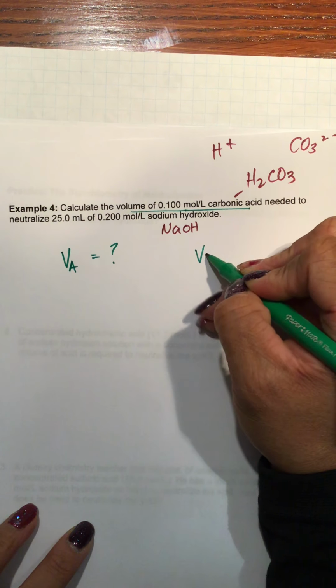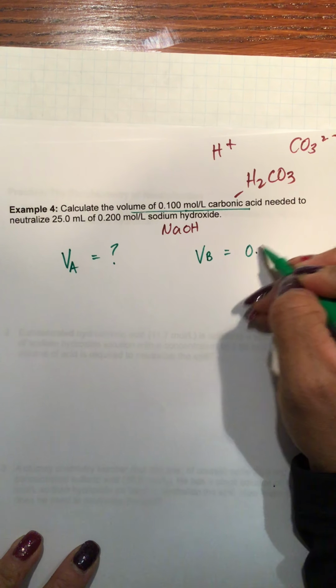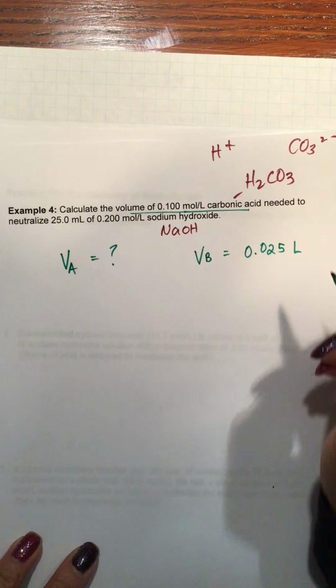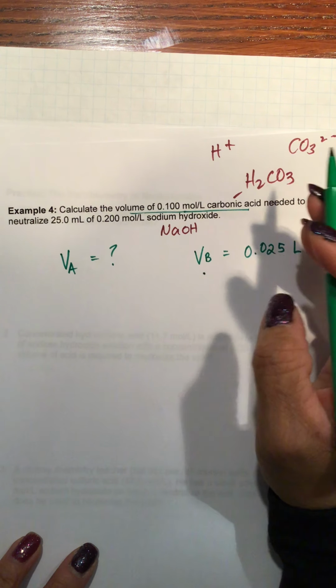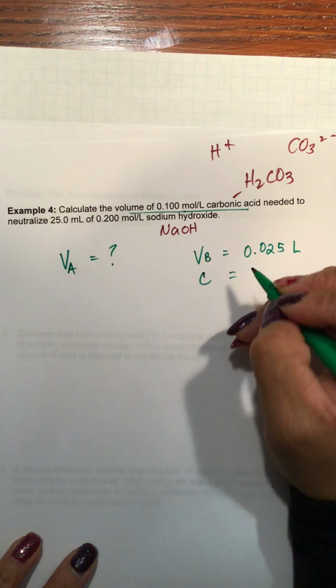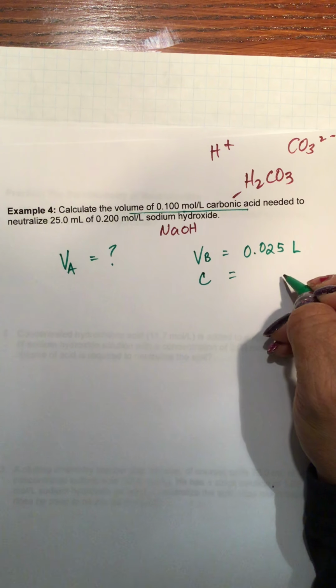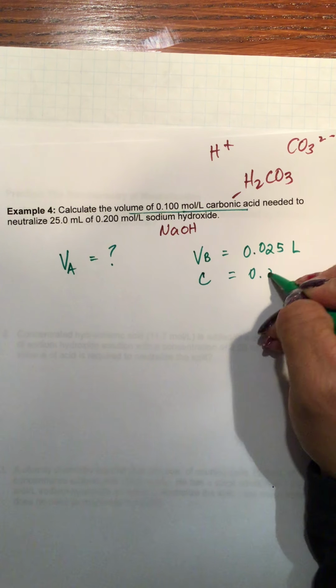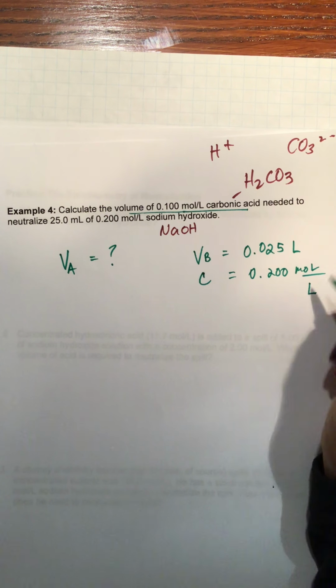We know the volume of the base is 25 divided by 1,000, so 0.025 liters. And the concentration of the base, sodium hydroxide, is 0.2 moles per liter.